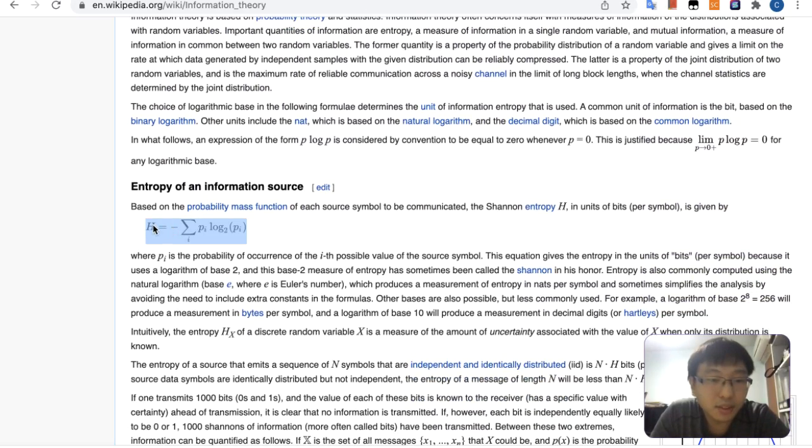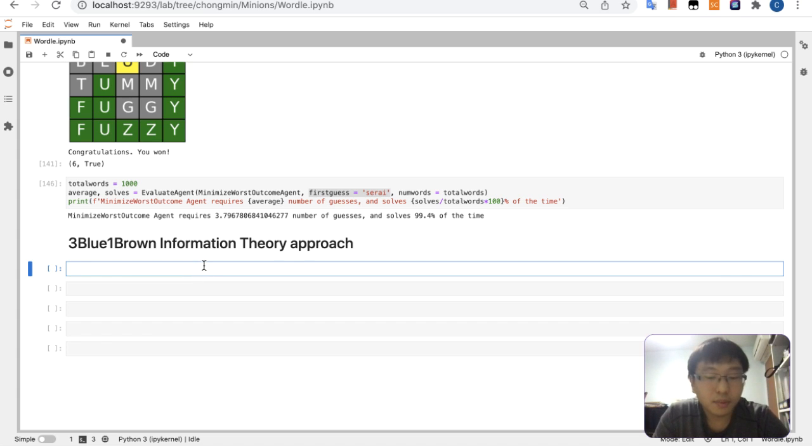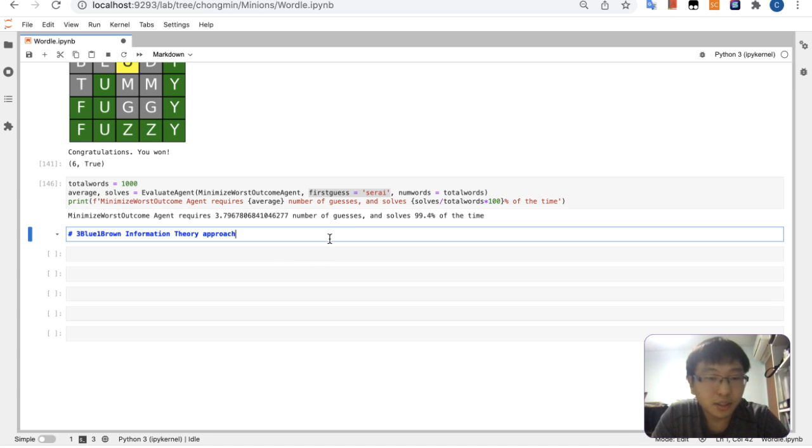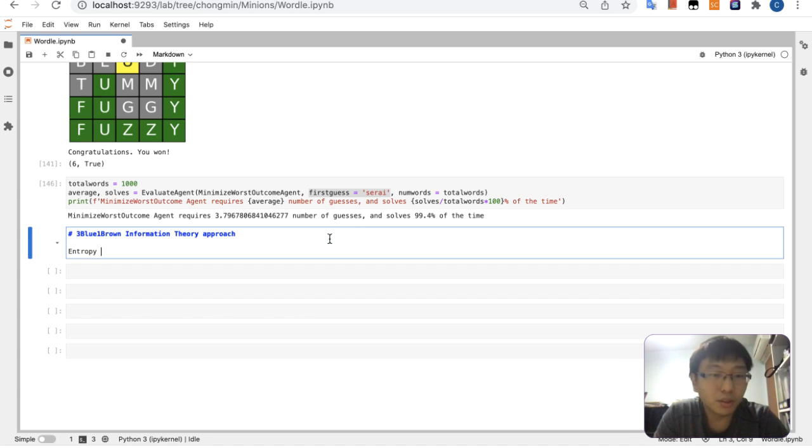This is the equation: H equals negative sum i of pi log 2 pi. So the information theory approach is like this: entropy, or basically the amount of information.